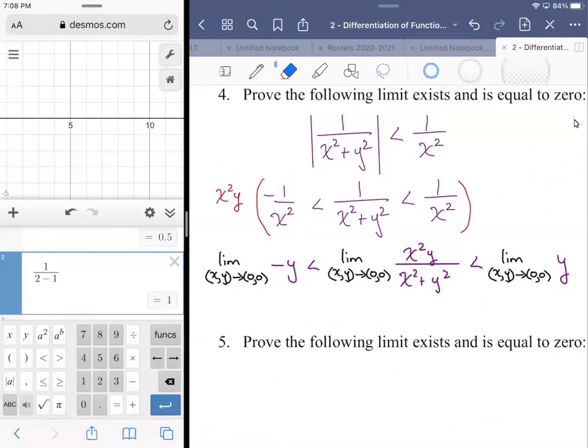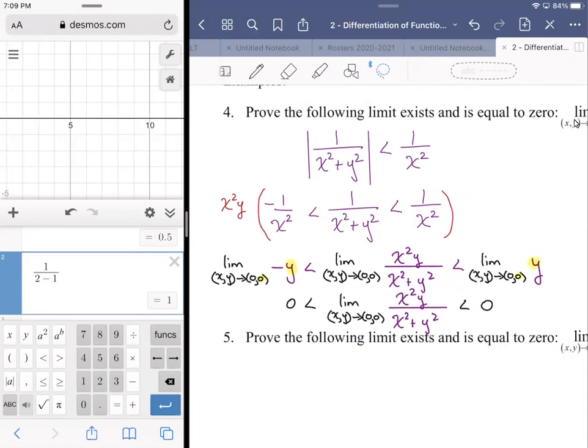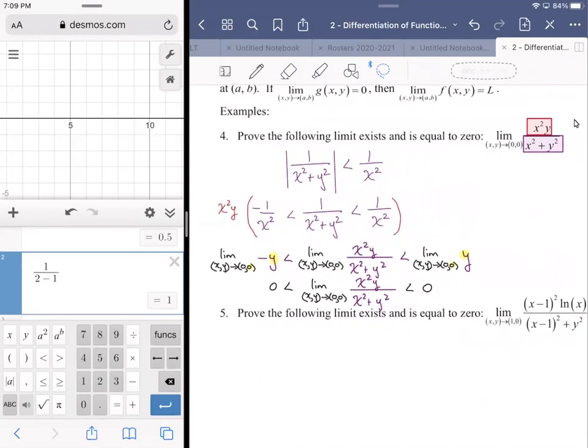See, the x ends up being irrelevant. So all I'm going to do is replace my y's with zeros. You see on the low end and on the high end, we're looking at 0, which tells me that this limit is trapped between two functions that are approaching 0, which means the function itself also has to be approaching 0.